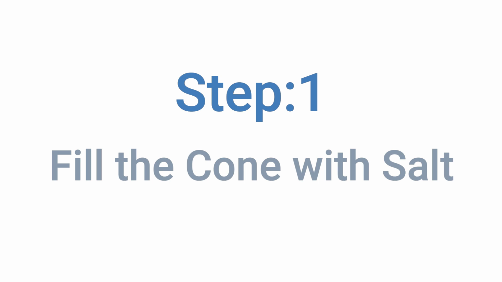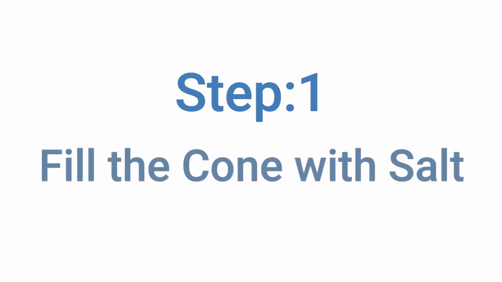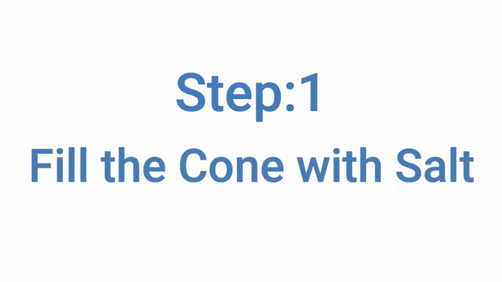The teacher could ask the students to fill the cone with salt. So we're also going to provide the students with salt, of course. Depending on the material that the three-dimensional figures are made out of, you can possibly use liquid. The one that we'll be demonstrating in this video is made from cartridge paper, so we couldn't use liquid with this one, but you can use salt, sugar, sand, stuff like that.